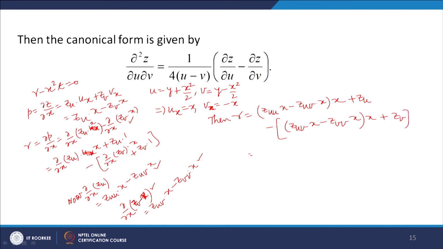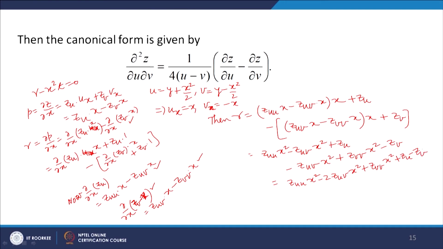What we get is zuu x square minus zuv x square plus zu, and this x gets multiplied, so we get minus zuv x square, plus zvv x square, minus zv. So, we get zuu x square minus 2 zuv x square plus zvv x square plus zu minus zv. So, we have found the value of R.